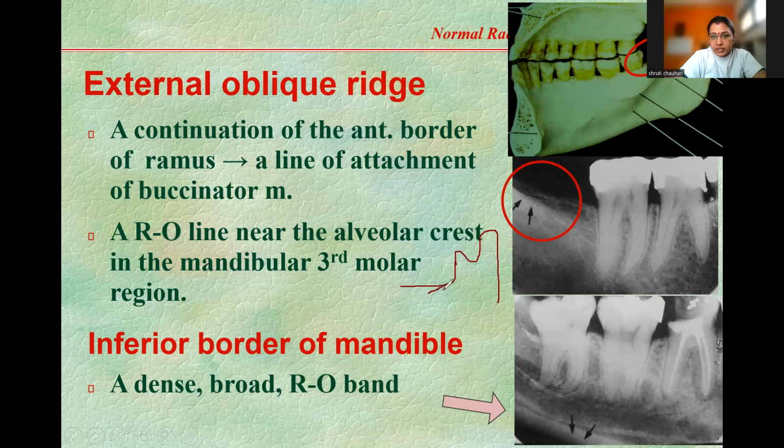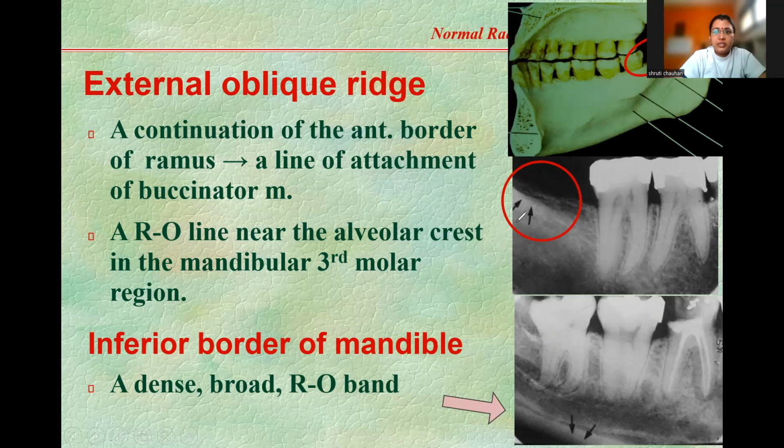So this external line is the external oblique ridge. That is outside. So it is a continuation of the anterior border of the ramus. Where is the ramus? This is the anterior border of the ramus. Its continuation is the external oblique ridge. Clear?